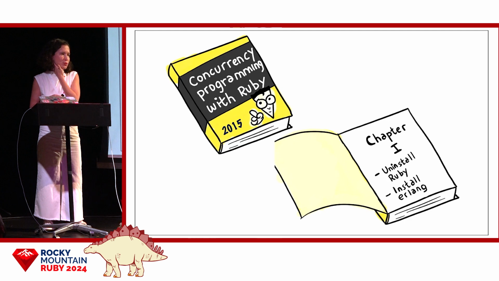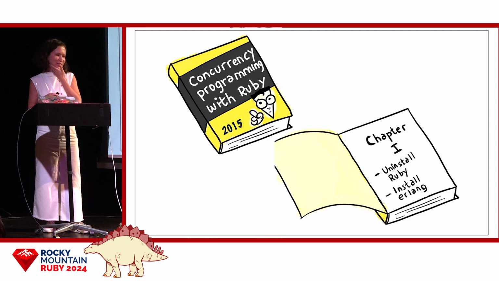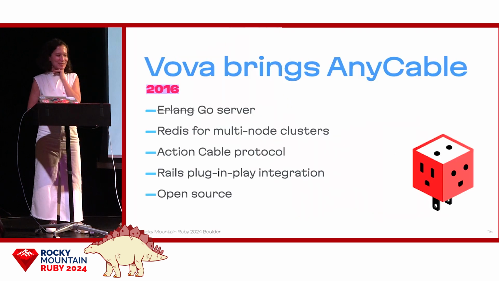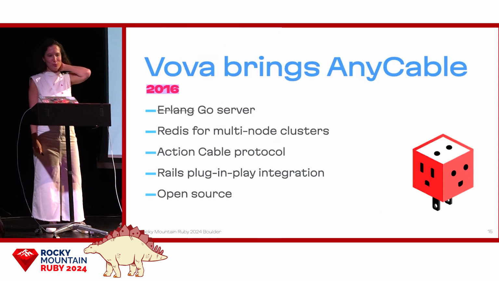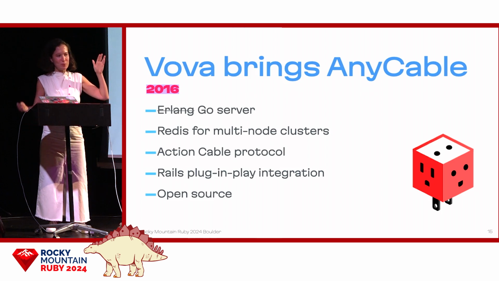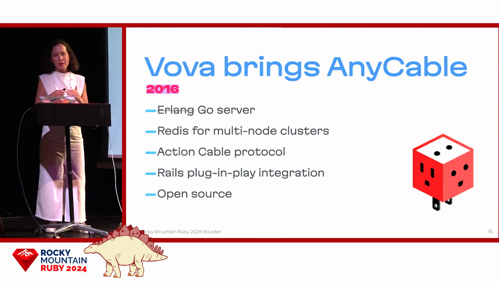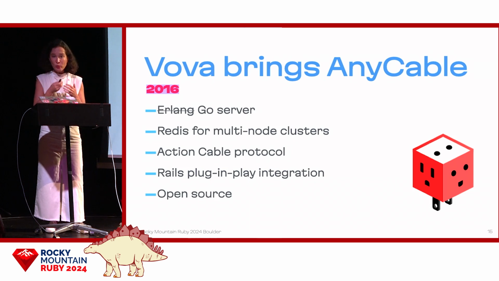The problem was that in 2015, Ruby was not the best tool for that. It was not a no-brainer. Vova introduced basically the same thing written in Go. AnyCable originally was very, very similar to Action Cable, but written in Go. It used the same protocol, was a drop-in replacement, was open source, MIT licensed, and also used Redis.